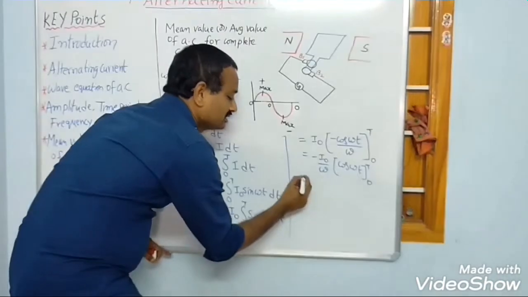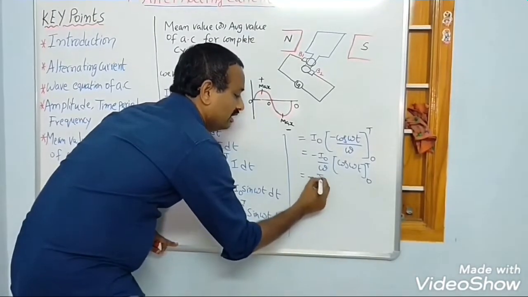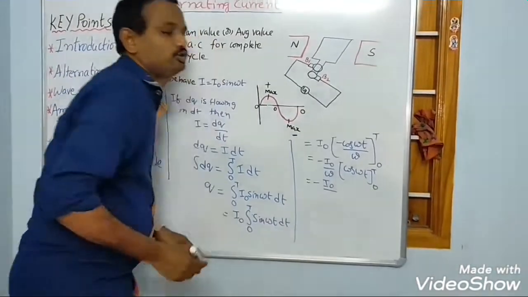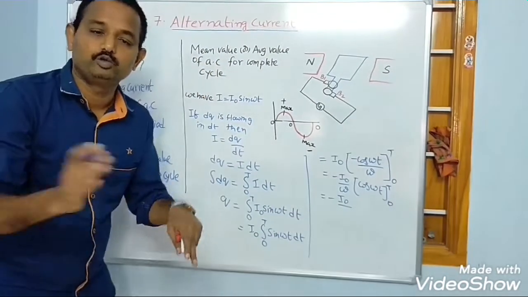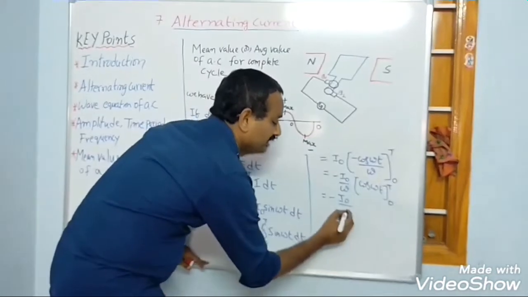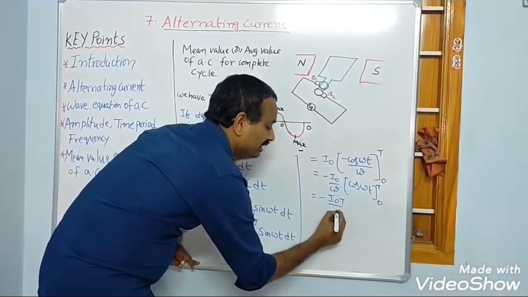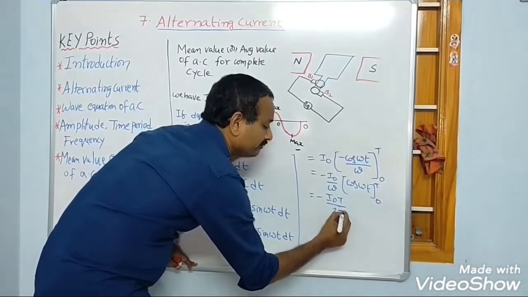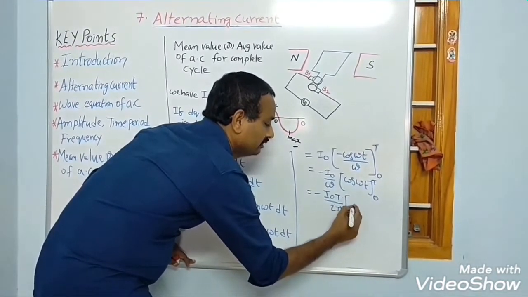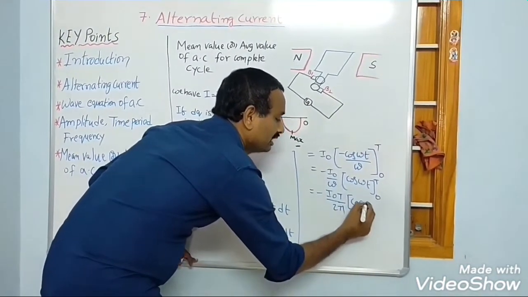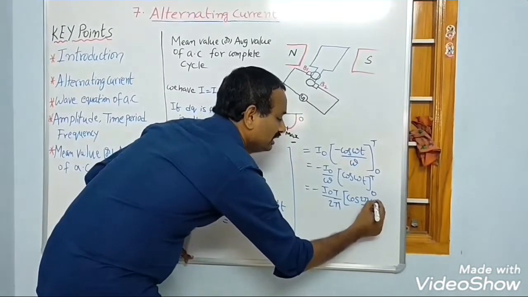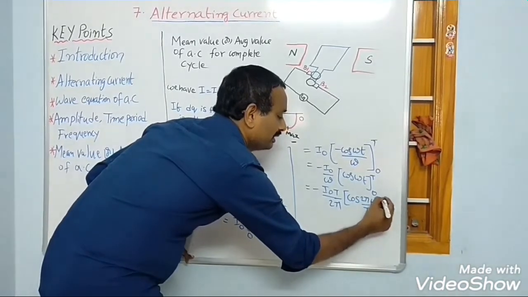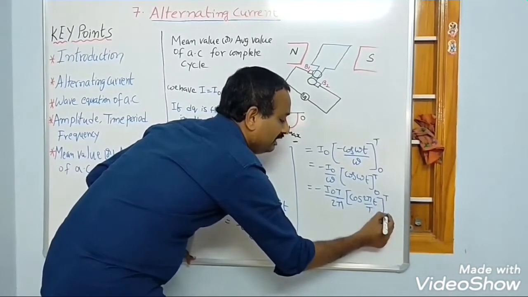Then here students, minus I naught, omega means 2 pi by T. If you write reciprocal for 2 pi by T, you will get T by 2 pi, bracket cos omega means 2 pi by T into small t, close the bracket, write upper limit and lower limit.